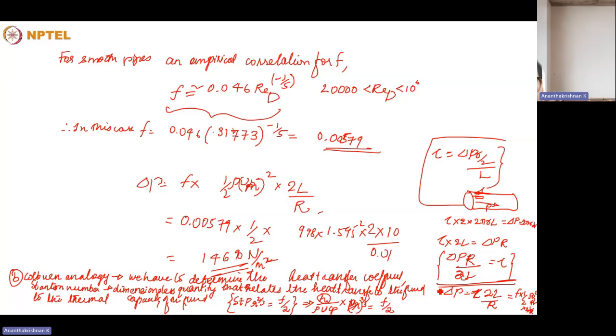That is one easy method in which we can calculate the heat transfer coefficient. So heat transfer coefficient is equal to rho U Cp into f by 2 into Prandtl number raised to 2 by 3.